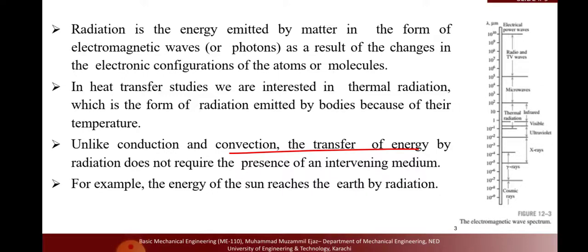Especially in the COVID time, you find a laser gun by which you get the temperature of a person. Basically it has an infrared radiation, thermal radiation sensor, a pyrometer, which calculates the temperature of a person through radiation, because the laser gun pointed at the person does not touch your body. So in between there's a gap, and the laser gun doesn't detect the temperature of the person by convection or conduction. It detects the temperature through radiation.